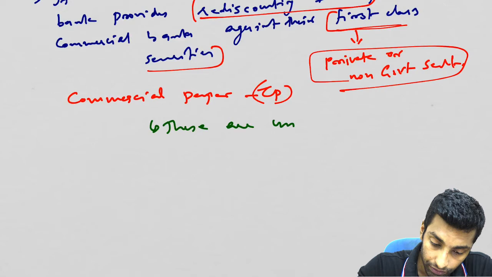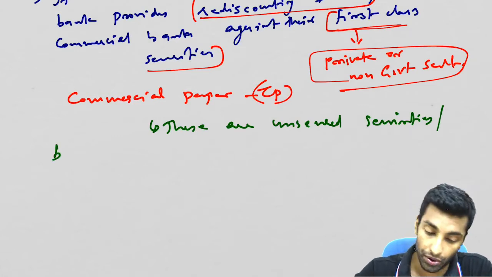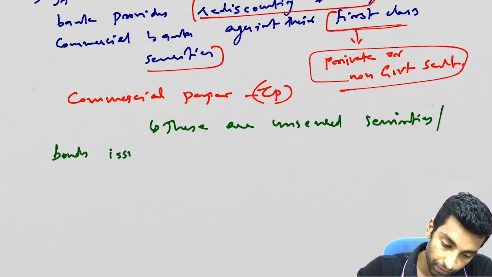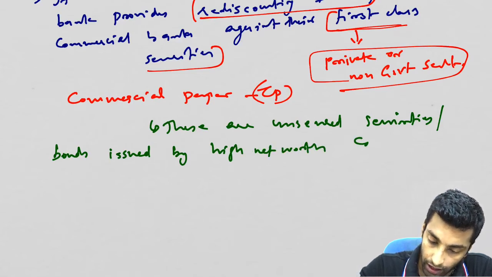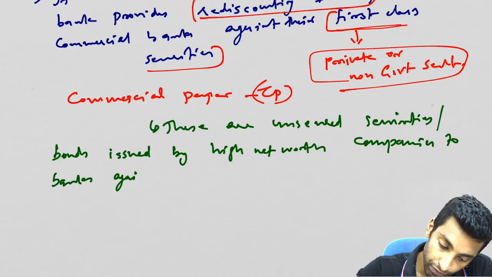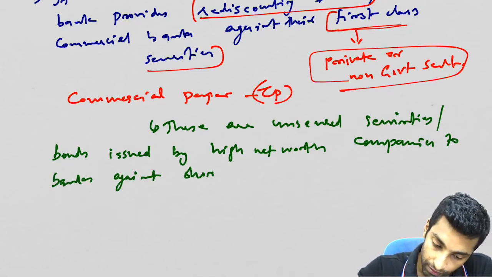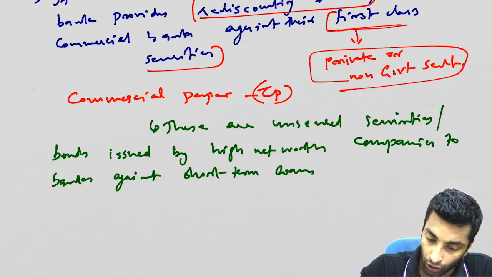These are unsecured securities, because it's a non-government security, or bonds issued by high net worth companies to banks against short-term loans.